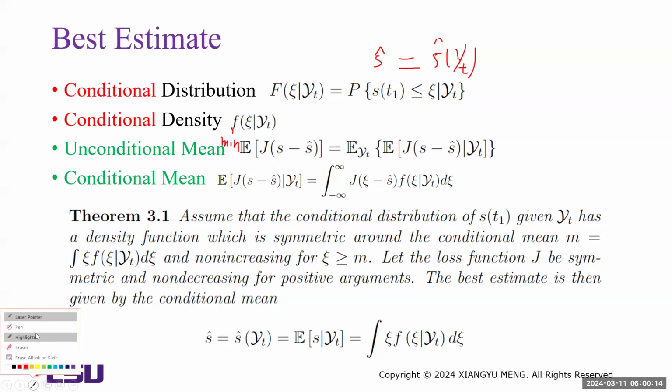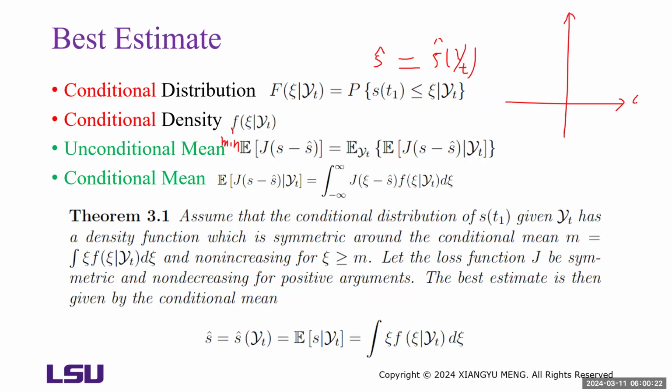So in general, the density function is something like this. We have a c here, and this is f(c) conditioned on yt. Let's assume here is a mean value.